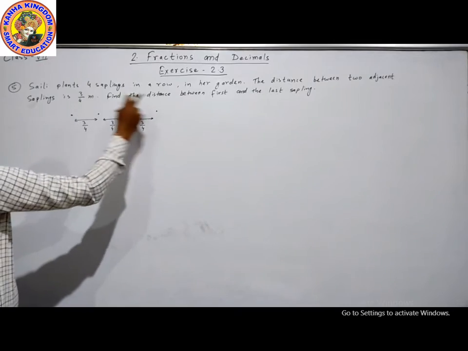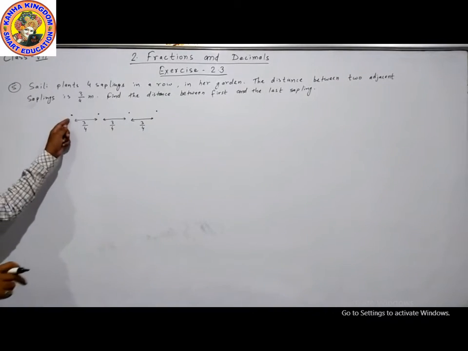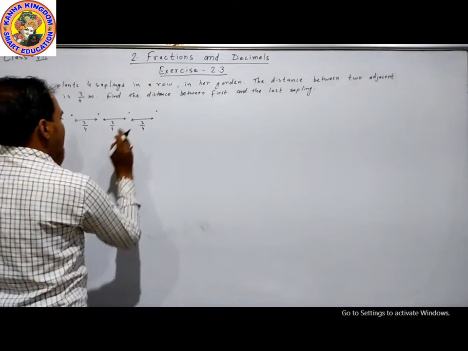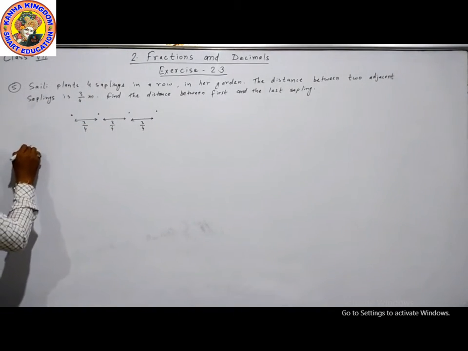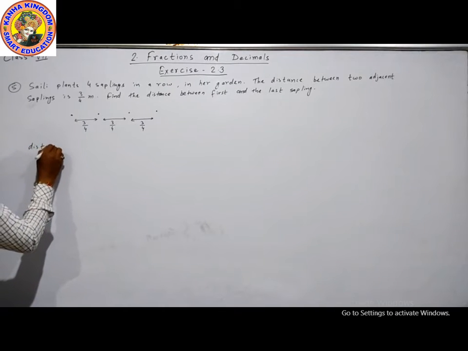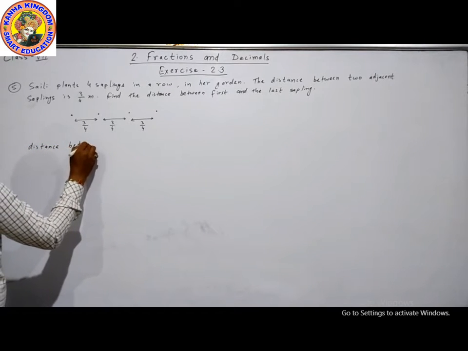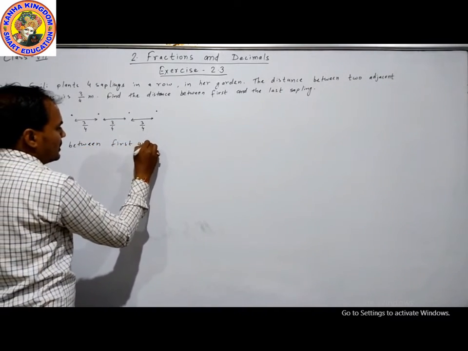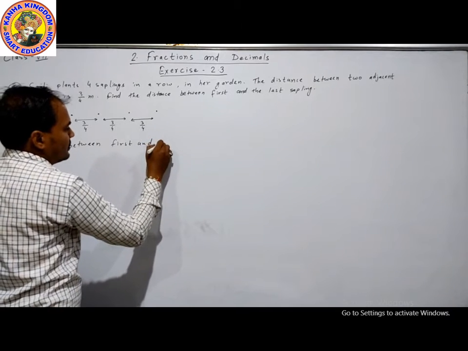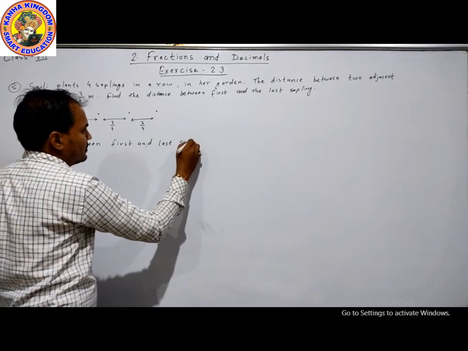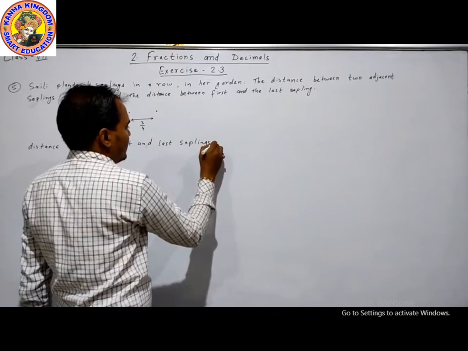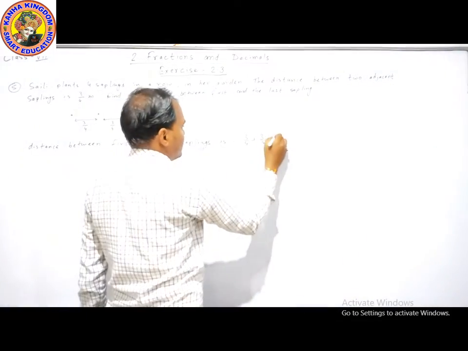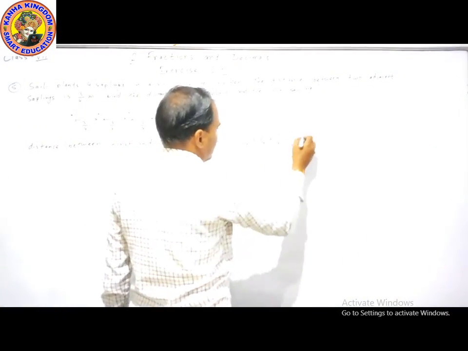This is our first and this is our last. So the distance between first and last is 3 by 4 plus 3 by 4 plus 3 by 4. The distance between first and last seedlings is 3 by 4 plus 3 by 4 plus 3 by 4.